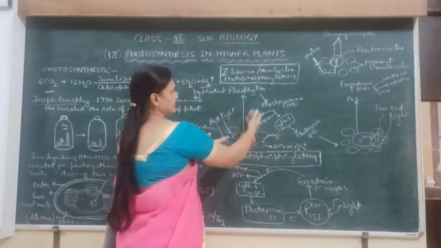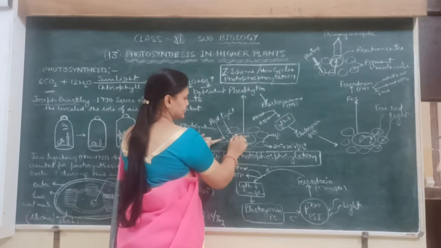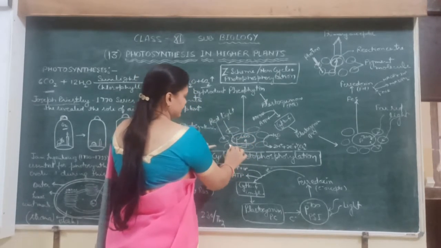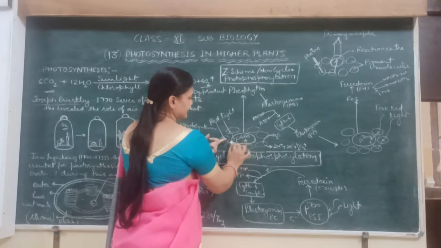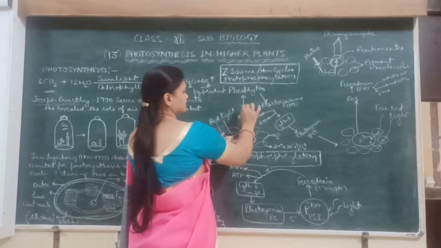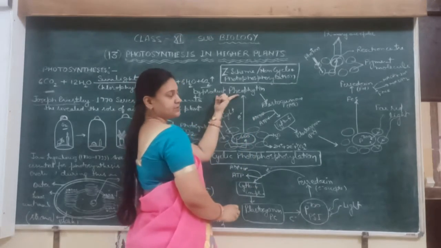So in the Z scheme you can see this is P680, the reaction center, PS second. When red light comes, it goes to the reaction center, and from the reaction center the electrons go to the pheophytin. Pheophytin is the first electron acceptor.